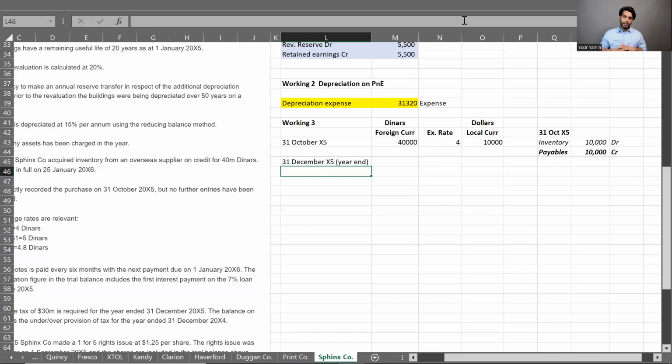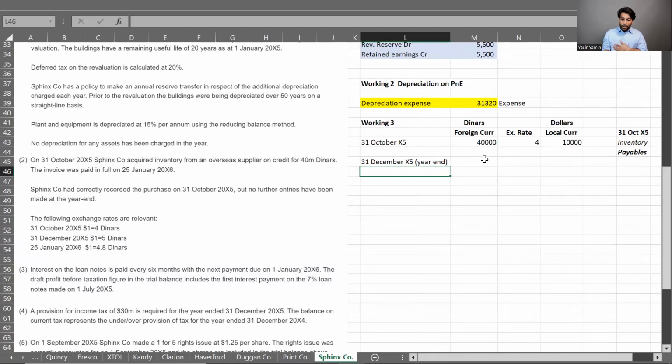Sir, what are you saying? You see, this liability of 40,000 dinars is still outstanding on 31st December X5 because it was paid on 25th of January next year. So this liability was outstanding by the year end.